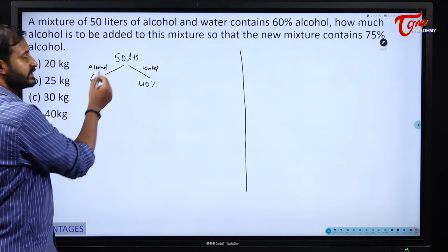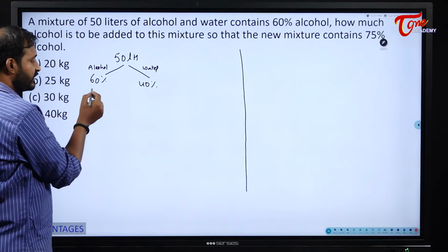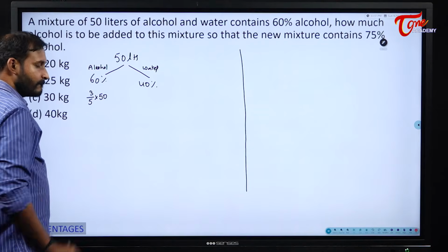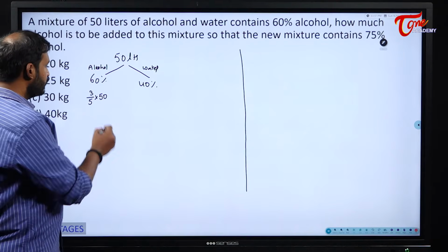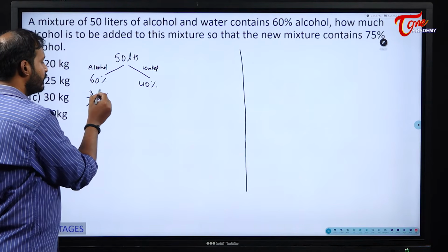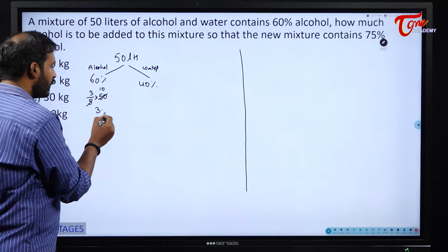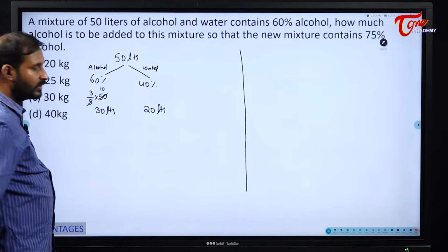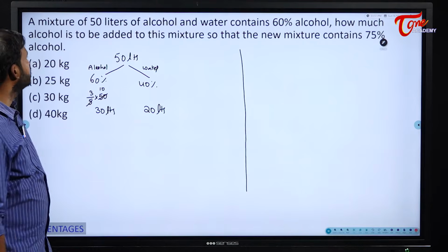What is 60% of 50? 60% means 3 by 5 into 50, right? 3 by 5 into 50. That means this will become 30 liters of alcohol and 20 liters of water.